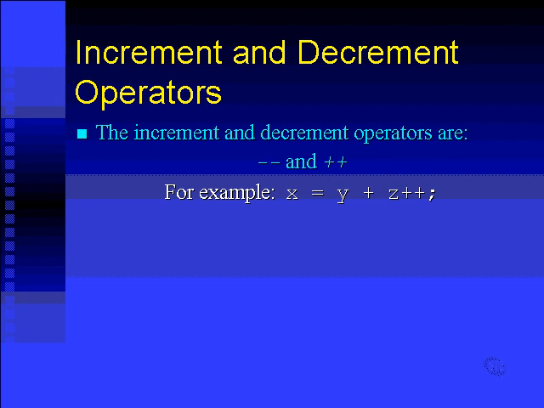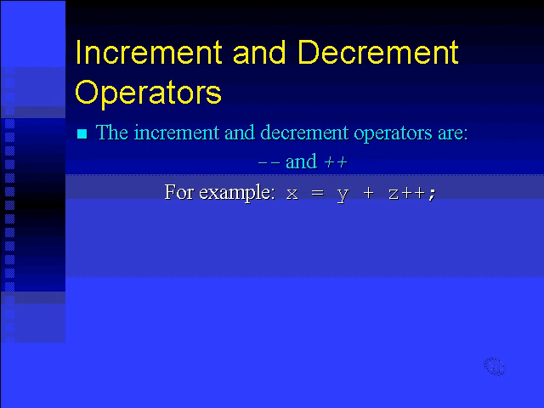So which is it? Well, in this particular case, it happens afterwards. Only in this particular case, and I'll explain that in a second. What's happening here is that y and z are added together and the result is put into x, and after that z is incremented. That's the order that things happen.